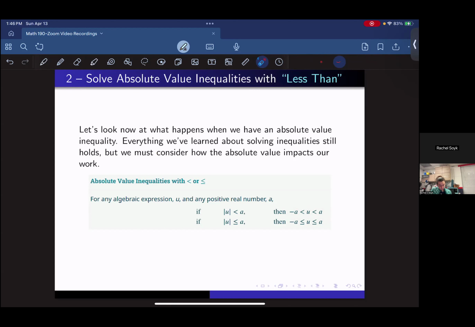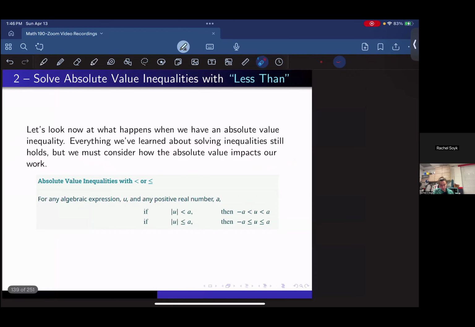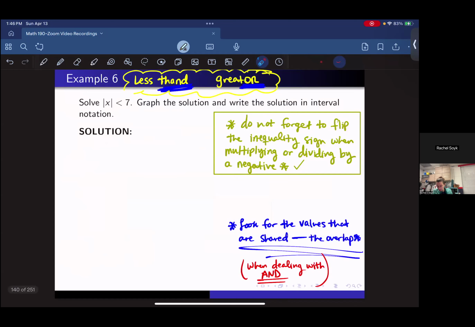And so everything we learned about solving inequalities still holds, but we just have to consider how that absolute value impacts our work. Again, anytime you're dividing by a negative, we have to flip that inequality sign. So now let's look at example 6.